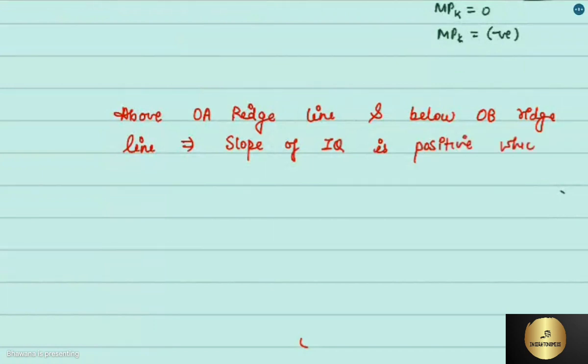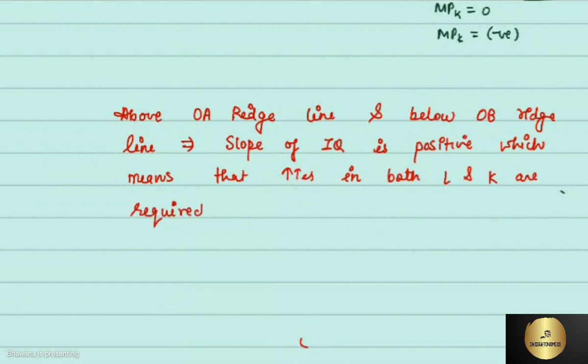That means that an increase in both labor and capital is required to produce a given level of output.